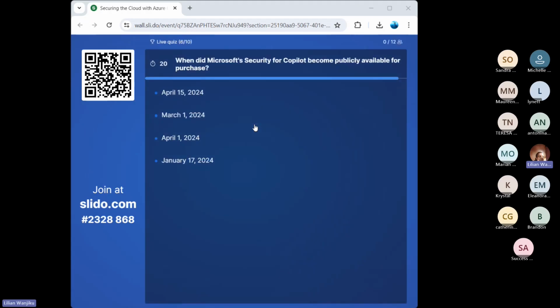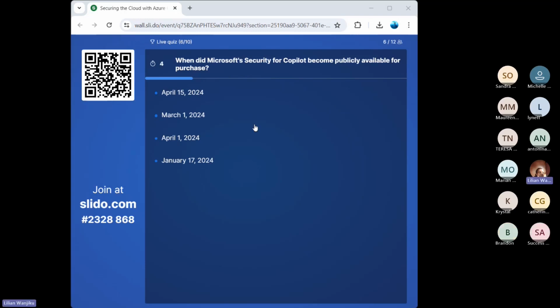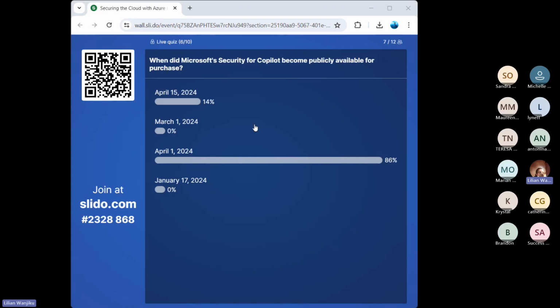When did Microsoft Security Copilot become publicly available for purchase? When was it launched for everyone to purchase and use? We discussed it in the slides, so you can try and remember what we discussed. The majority of us selected April 1st, and some of us selected April 15th.